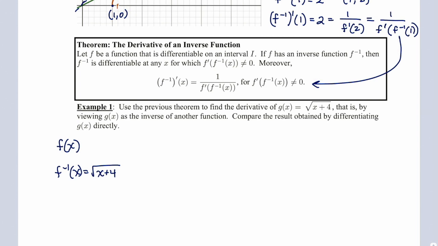Well, keep in mind that if we have the inverse and want the original, I'm just trying to find the inverse of this function. So I would think to find the inverse, I'm going to do x equals square root of y plus 4, and I'm going to solve it for y. So I would square both sides and subtract 4.